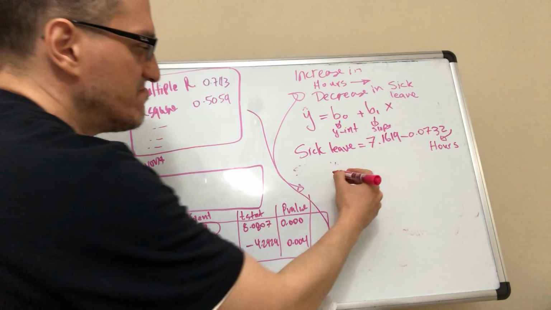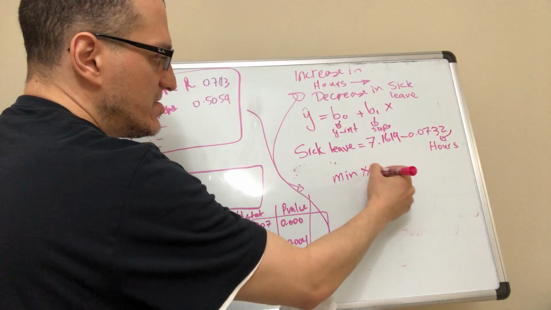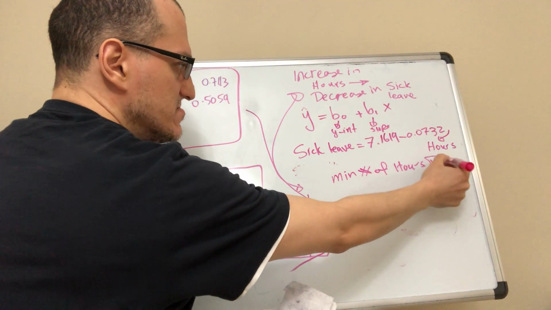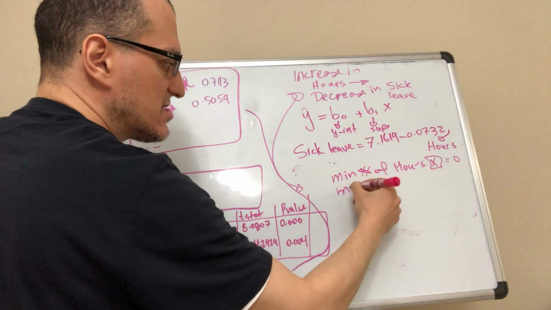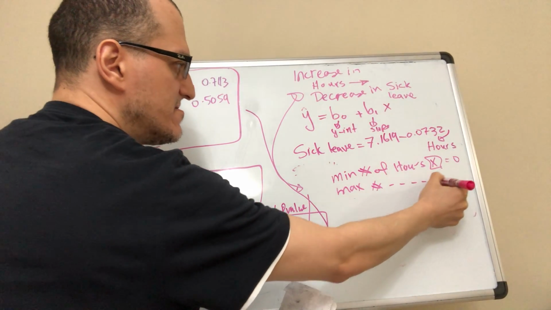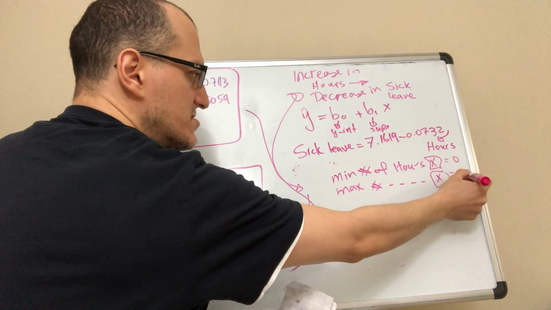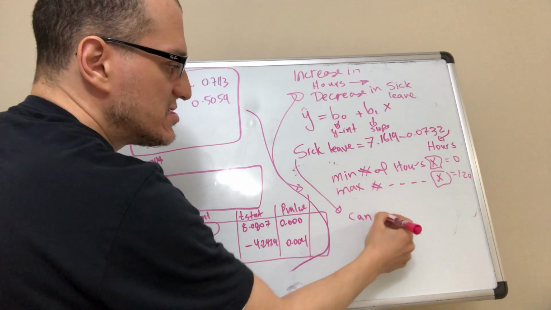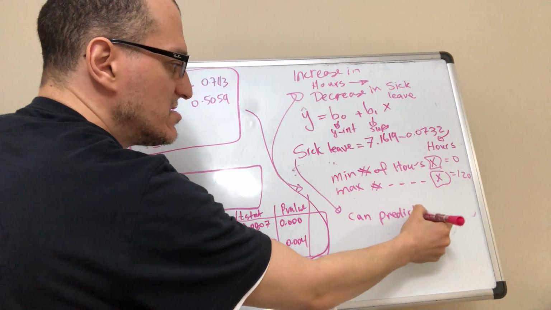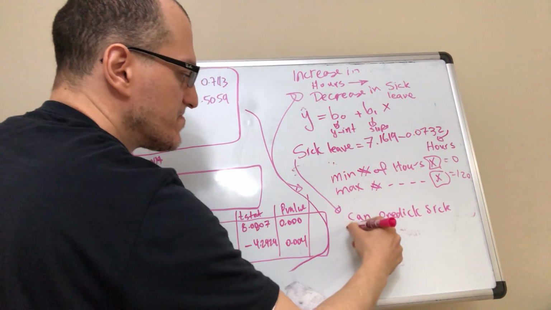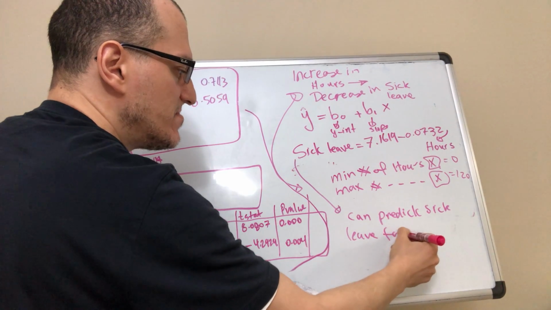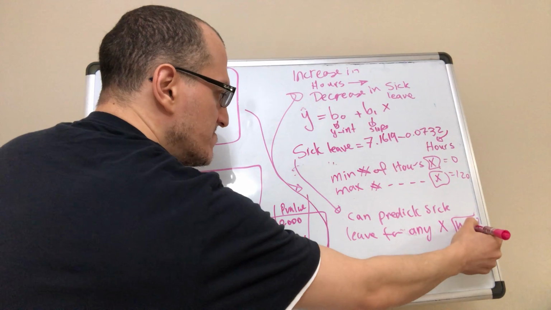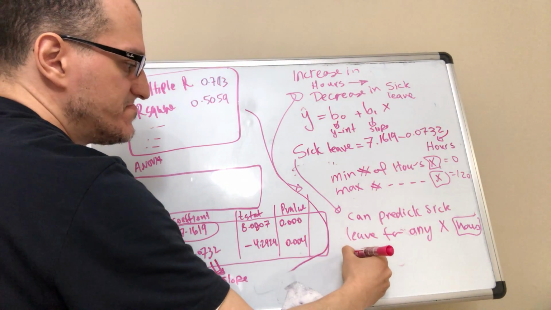So minimum number of hours, X, was 0, and the maximum number of hours, 120. This equation can predict sick leave for any X hours within this range.